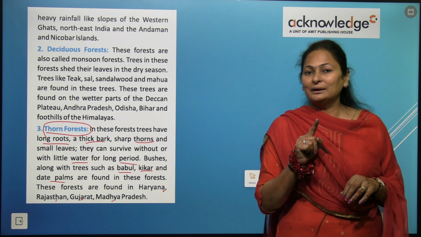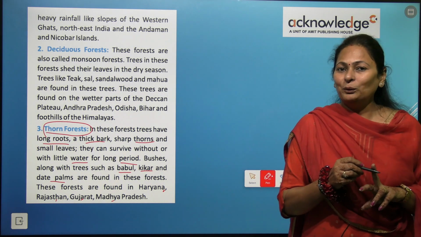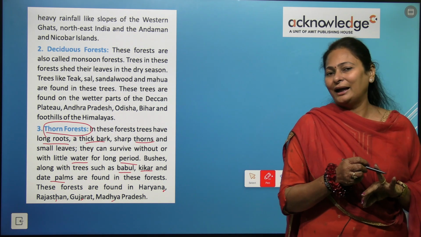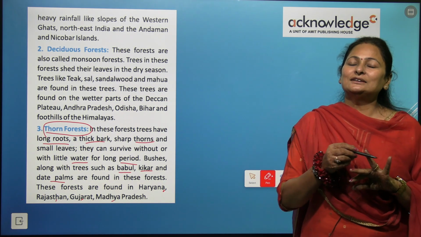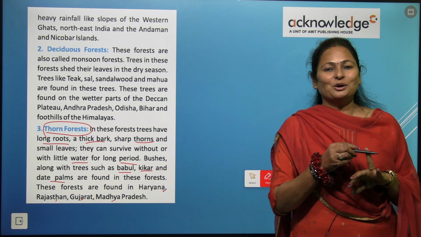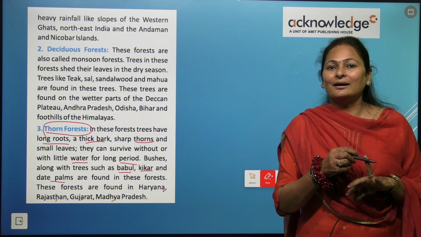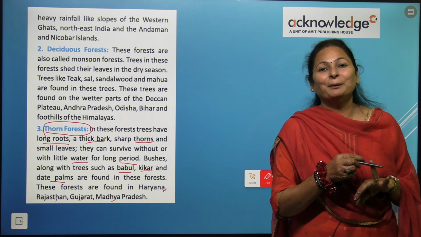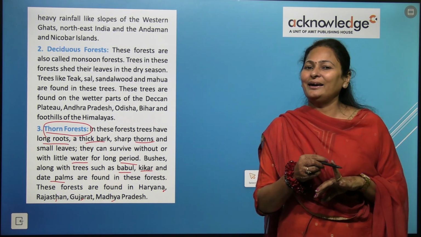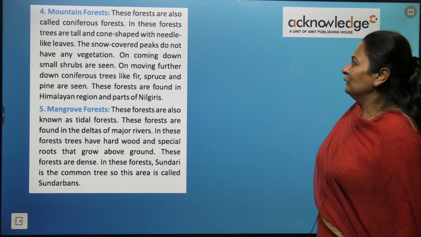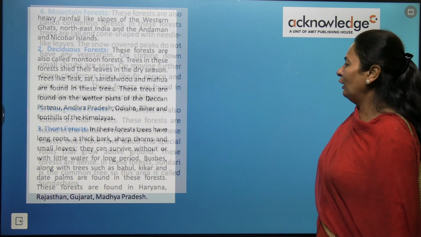Rajasthan, you all remember the cactus, the babool and kikar that grow there because there is a scarcity of water. That is why the leaves change into thorns. And one more benefit of these thorns: they save the plants from being eaten by animals, right? So that's for the thorn forest.